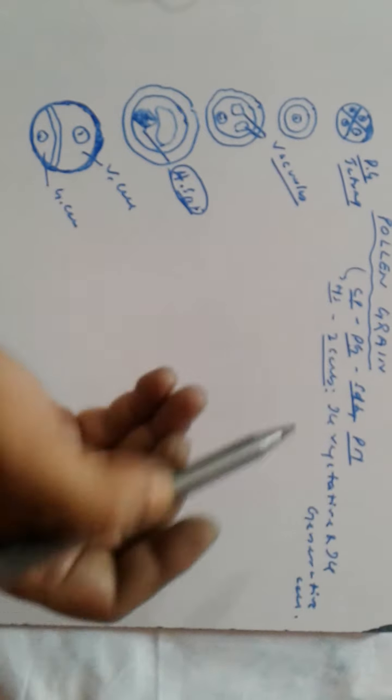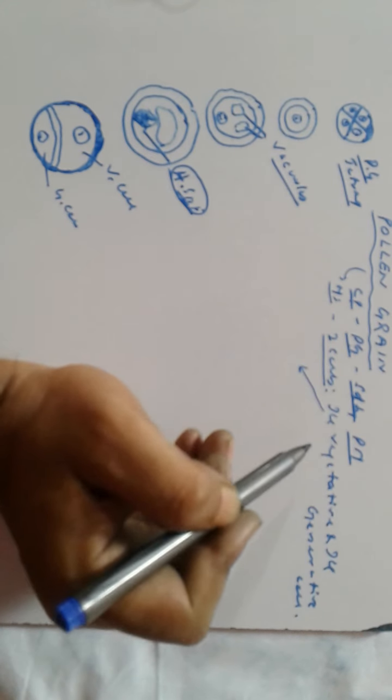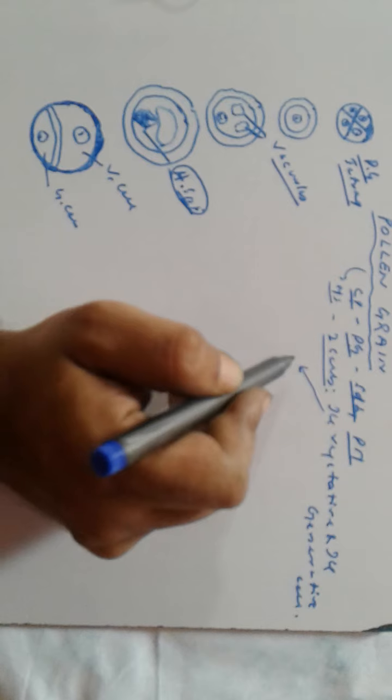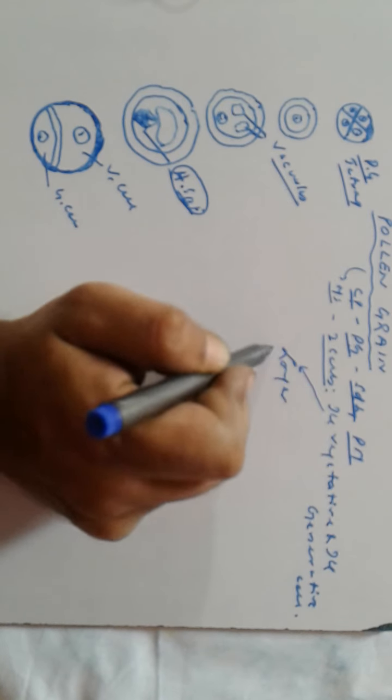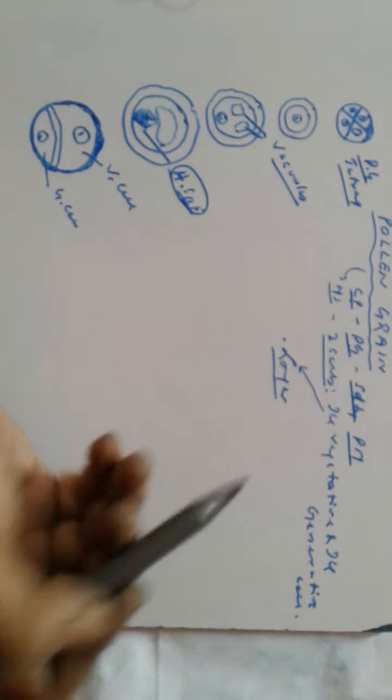Let us discuss them. The vegetative cell is larger than the generative cell.